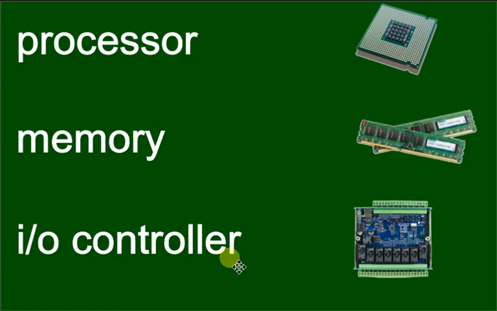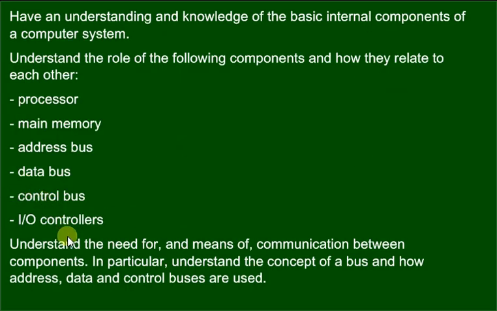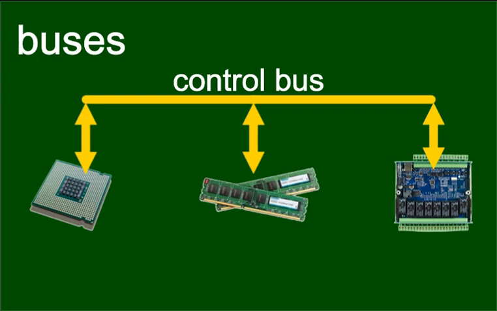Now, obviously, these three things need to communicate. So part of the specification says that you've got to understand the need for and the means of communication between these components. So how do they communicate? So we use buses to communicate. So the first bus we need to consider is called the control bus.